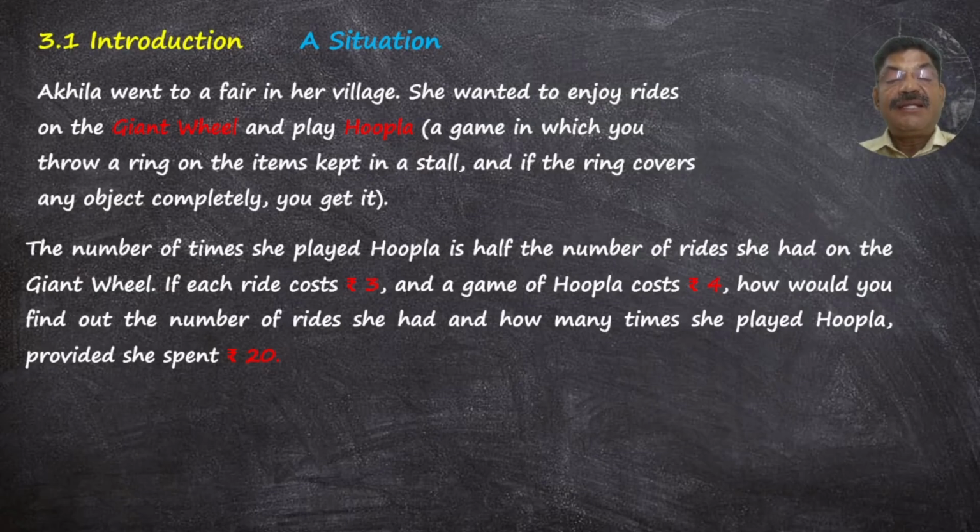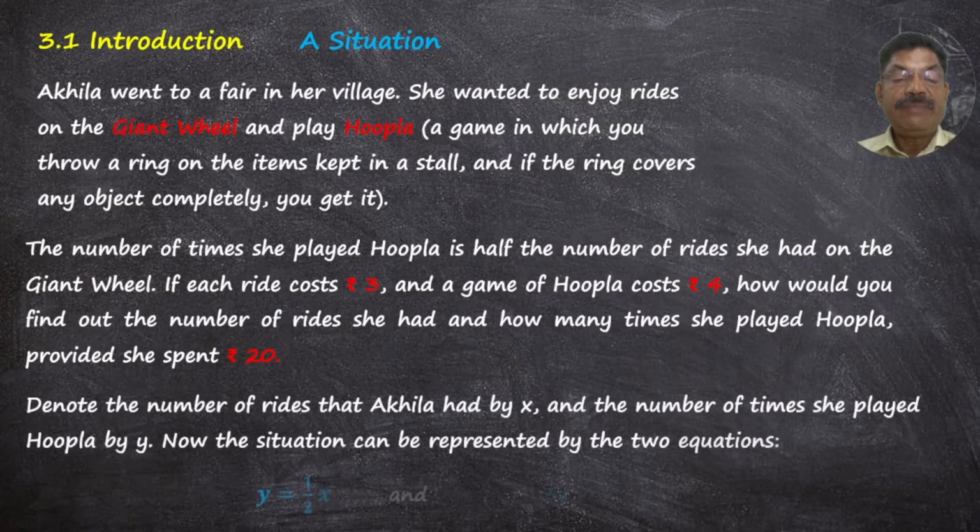So here, what is to be found? The number of times she played giant wheel and the number of times she played hoopla. So in mathematics, if something is unknown, we assume that as x or y or z, something like that. So here you take x to be the number of times she played giant wheel and y to be the number of times she played hoopla. Now you can construct a pair of linear equations like this. y is equal to half x, because the number of times she played hoopla is equal to half of the number of times she played giant wheel.